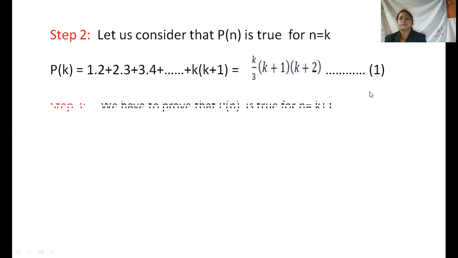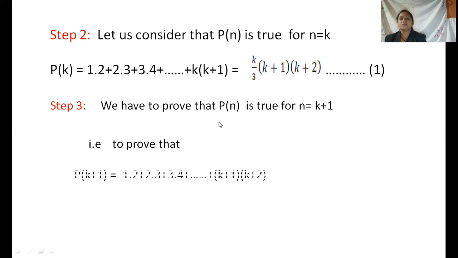Now step number 3, we have to prove that Pn is true for n is equal to k + 1. That means for n is equal to k + 1 we have to prove the Pn term. That is, what do we have to prove?